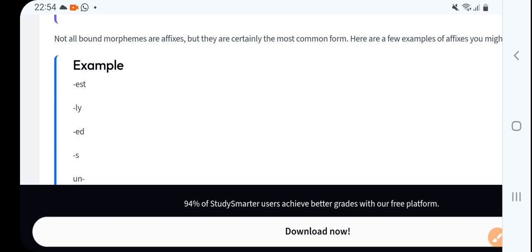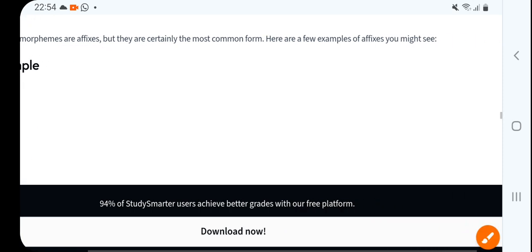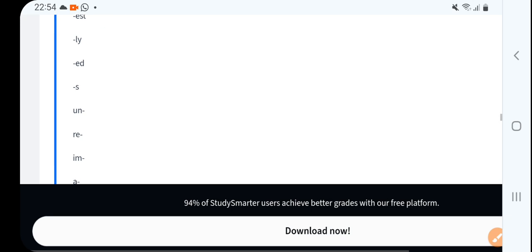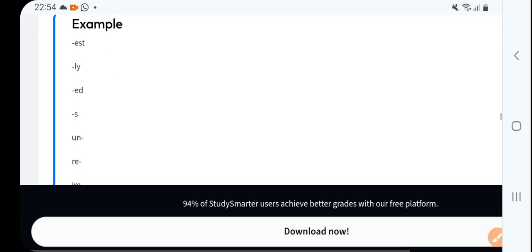Important: not all bound morphemes are affixes, but they are certainly the most common form. Here are a few examples of affixes. First, est, right?